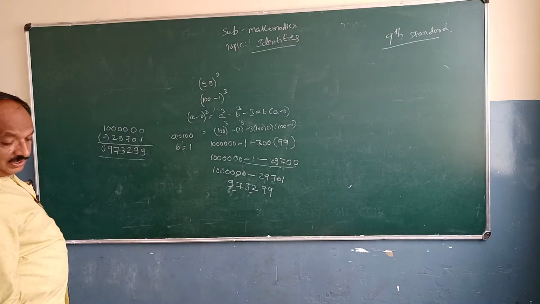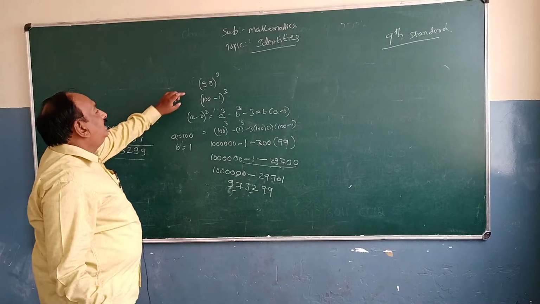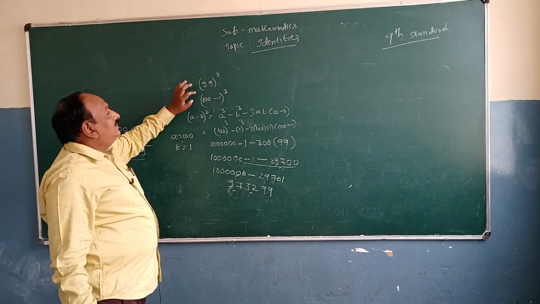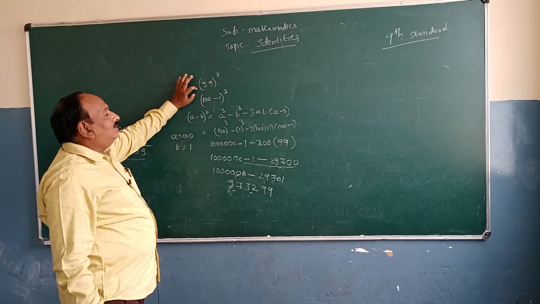So you want to explain 99 cubed also. That is 99 into 99 into 99.